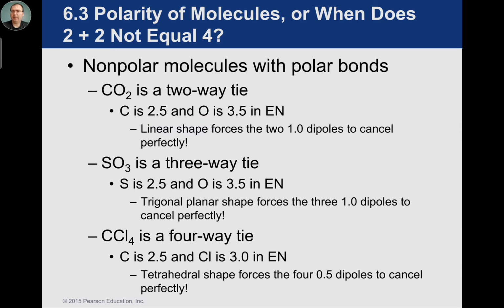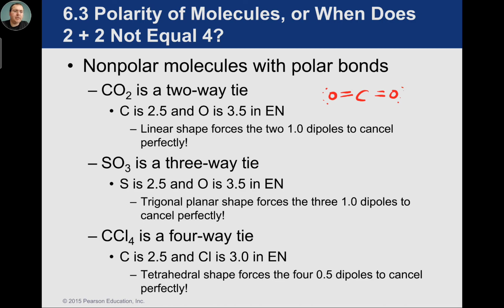Your homework gets a little repetitive, which is good and bad. The good news is these 3 examples are ways to recognize the rule breakers, because they're used in just about every example. So the reason that CO2 is a rule breaker is because if you have a double bond right and a double bond left, there's a 2-way tie.